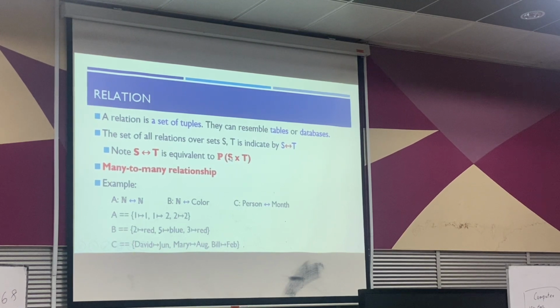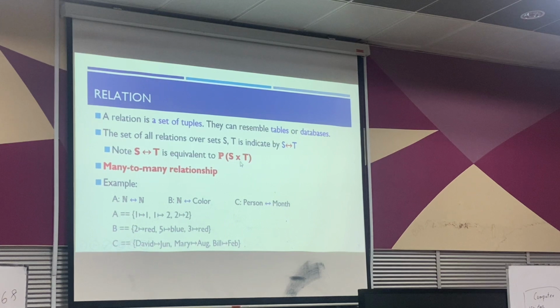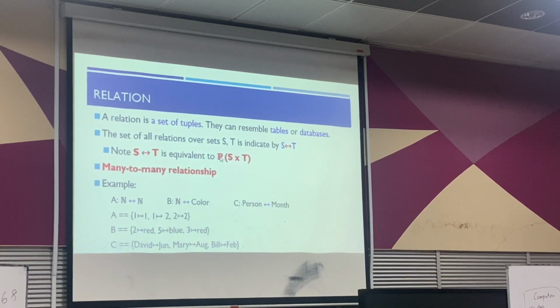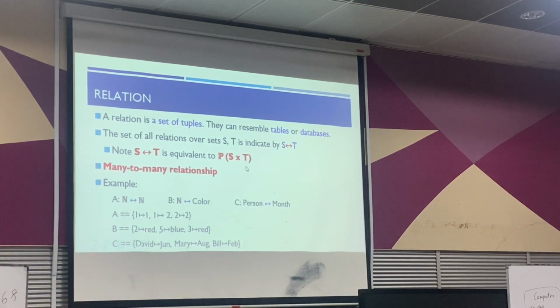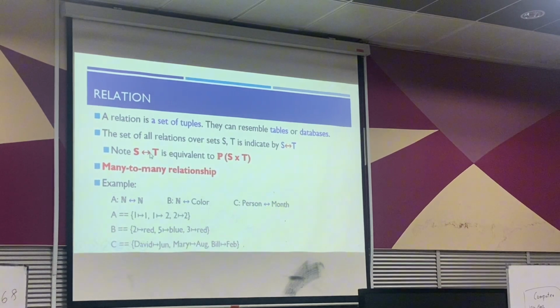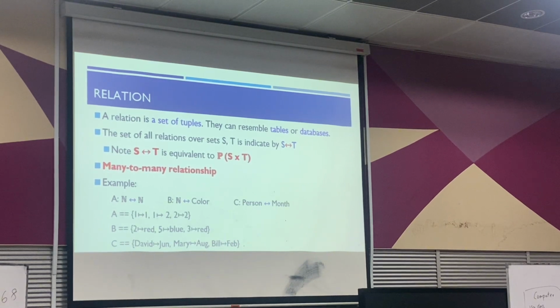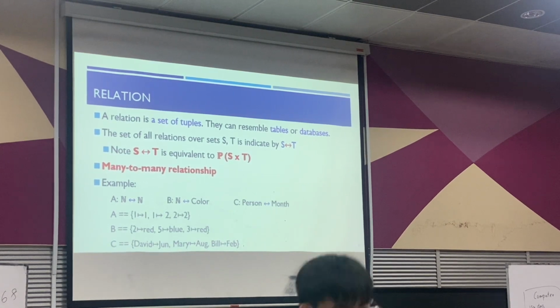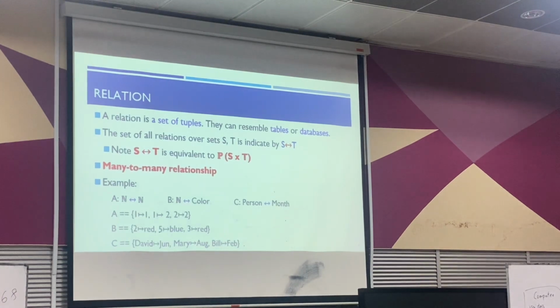Let's say S and T is a tuple, but you have a power set outside. If it is a many to many relationship, you change the whole thing by removing the power set and putting a double-sided arrow, which means relation.